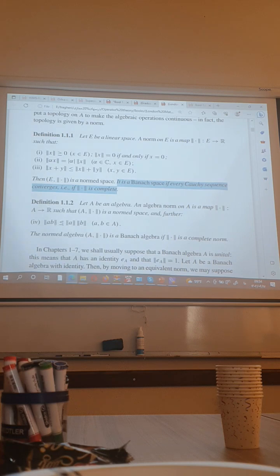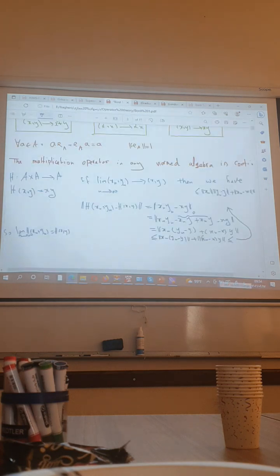For this property, the norm of AB is less than or equal to the norm of A times the norm of B. Please note that. This is, for example, A, and this is B, so the norm of AB must be less than or equal to the norm of A times the norm of B. And also for this. So this is less than this, and this is less than this.